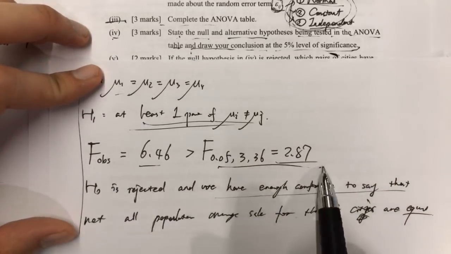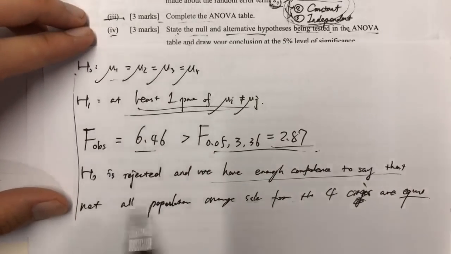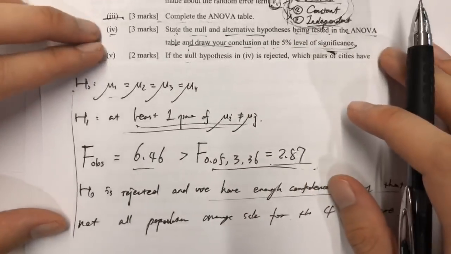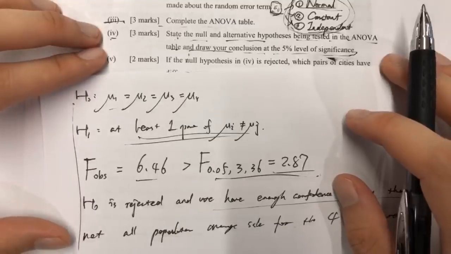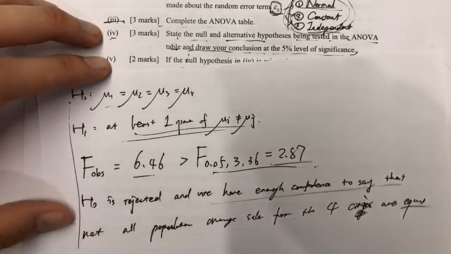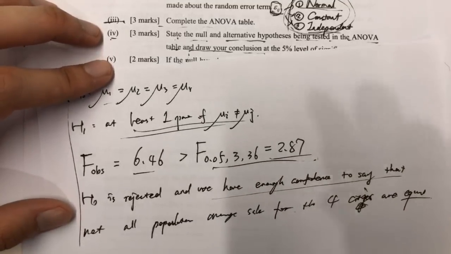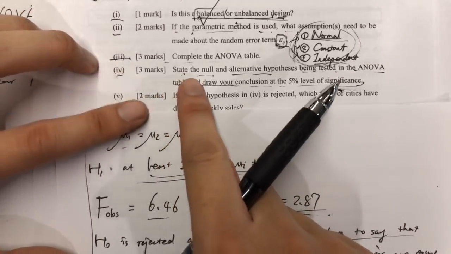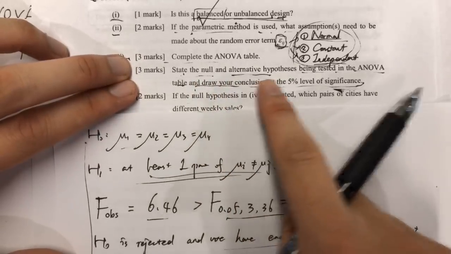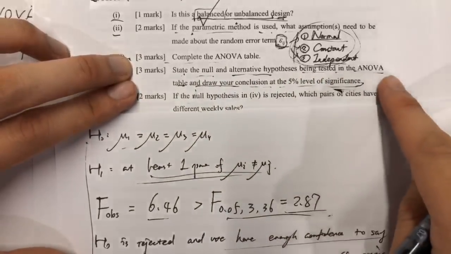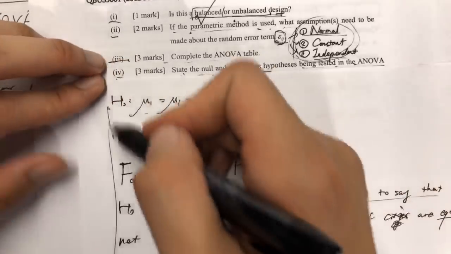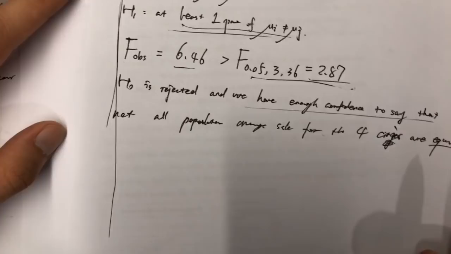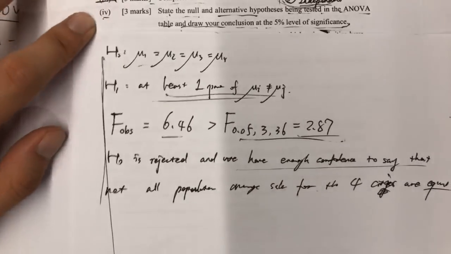So this is the decision rule, and here is the conclusion. So I've included everything the question is asking. Probably what you mean by building a more detailed answer is that if the question asks you to perform a one-way ANOVA test to test the equality of the population means, then you need to write the full steps of a hypothesis test. Yeah, I know. All right.